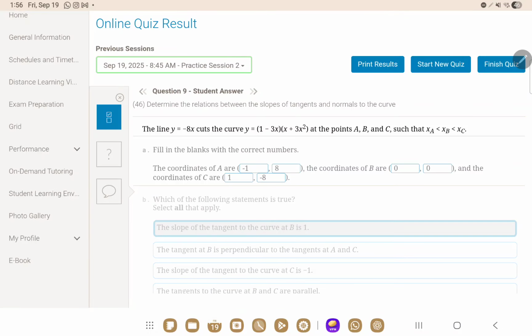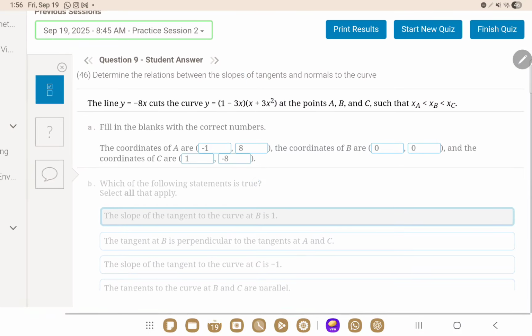Now in this question, they gave you a line, negative 8x, that cuts a curve at points A, B, C. Now, what we need to do is solve it. So you have this line and it cuts a curve, so they intersect at a point. So this equation is y equals x, wait, you're supposed to distribute it.